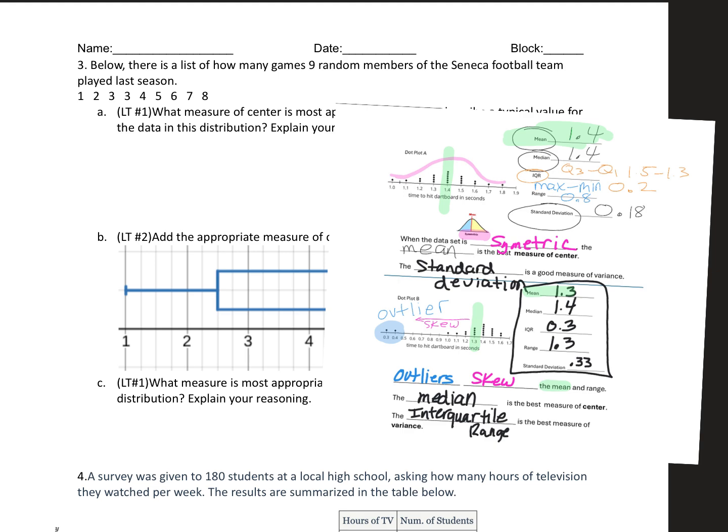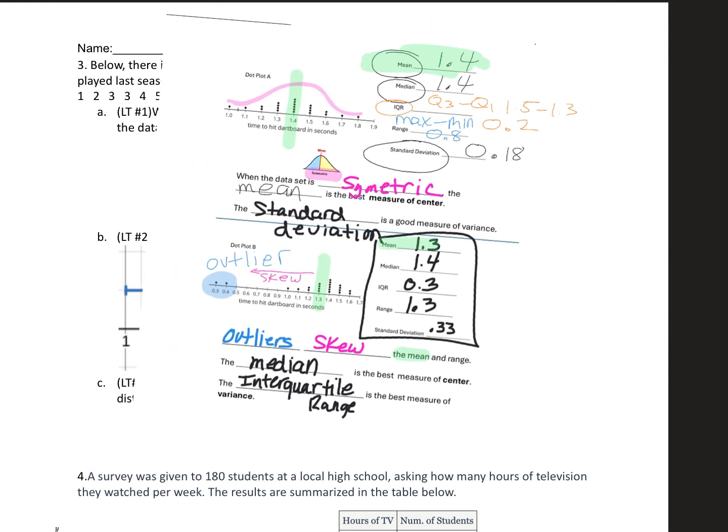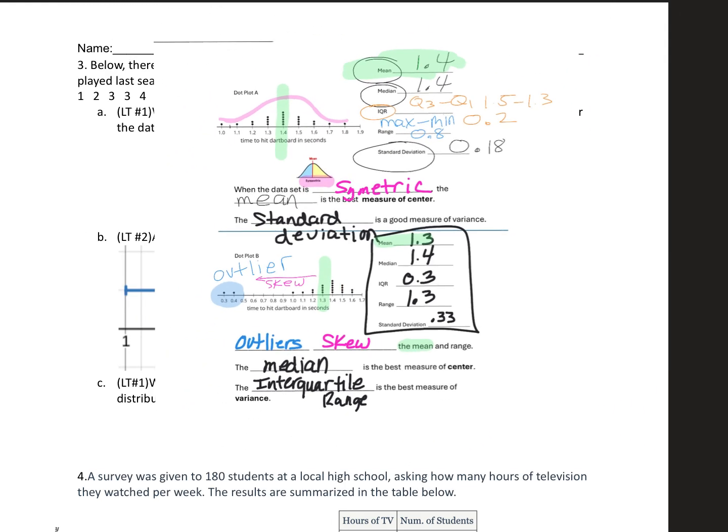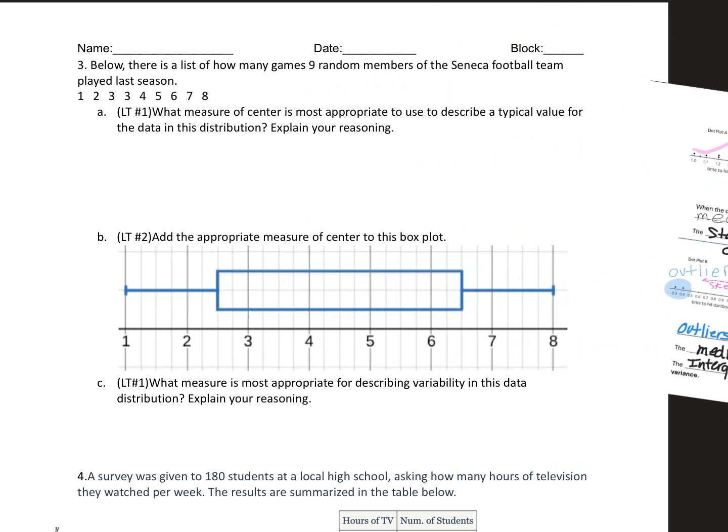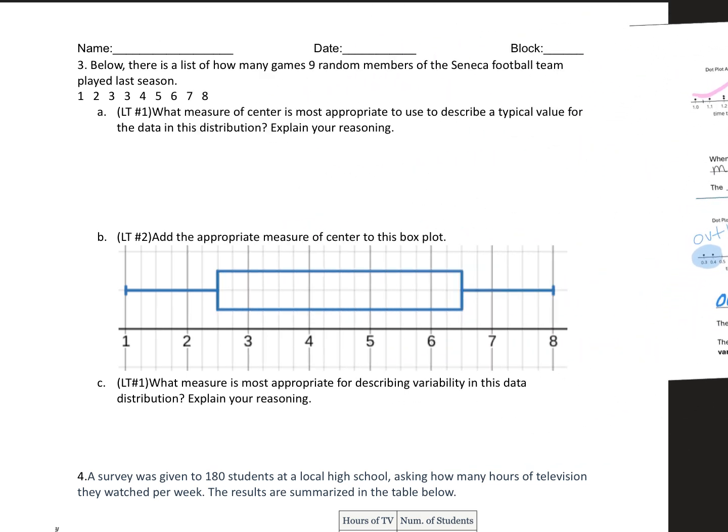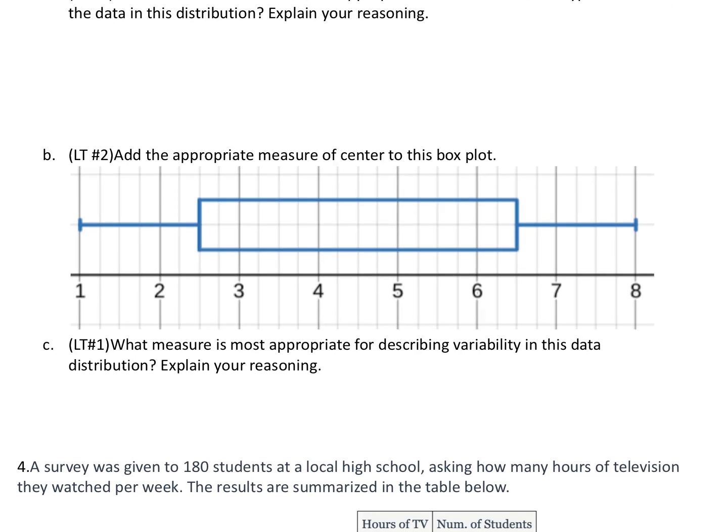To answer problem 3, you'll want this handout, this notes page that we did in class, but I'll talk about it in just a second. And so number 3 is asking, first, what measure of center is the most appropriate for this distribution?